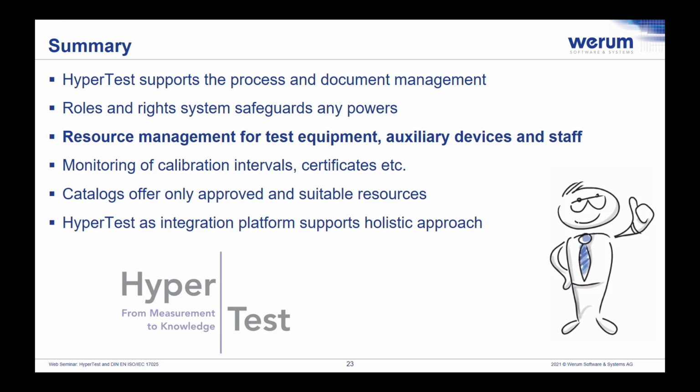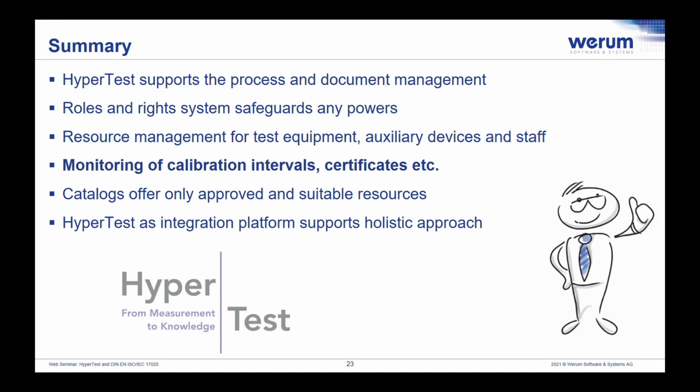The comprehensive resource management can manage and monitor the entire resources, such as test equipment, auxiliary devices, personnel, and so on, so that resources are automatically locked when their calibration interval or certificate has expired. HyperTest also monitors the qualifications of employees with regards to trainings and certificates, so they are informed in due time if certificates or qualifications for certain tasks need to be renewed.